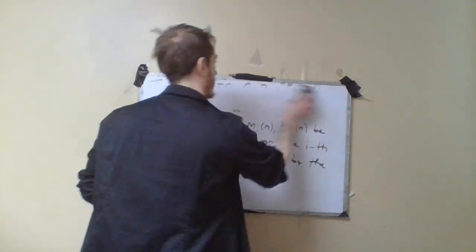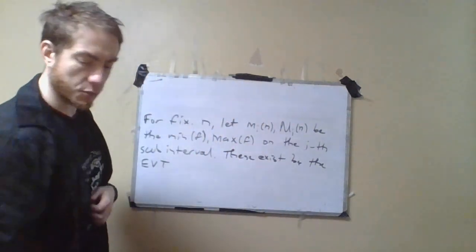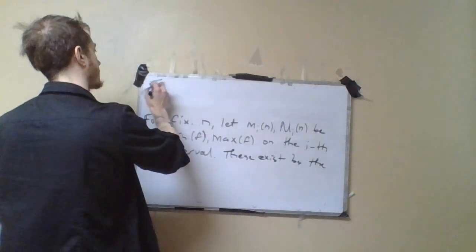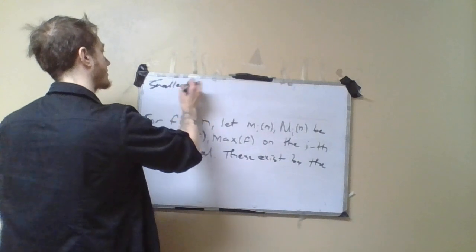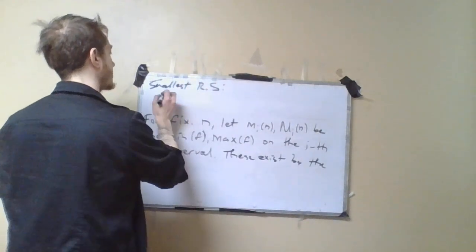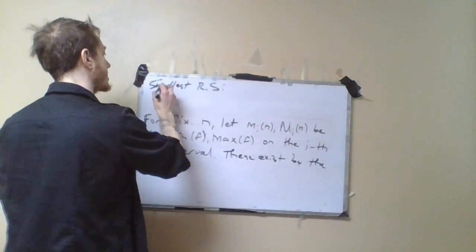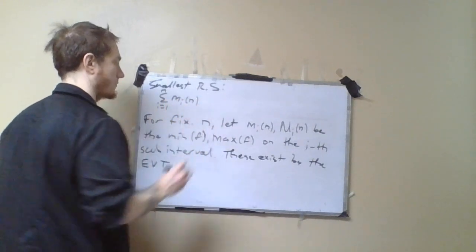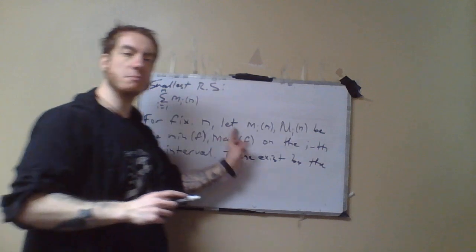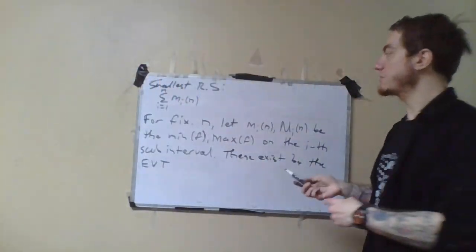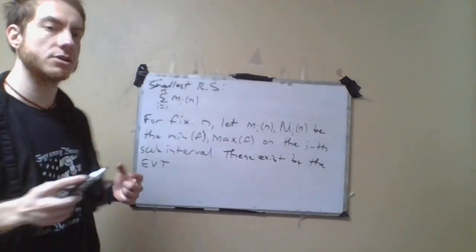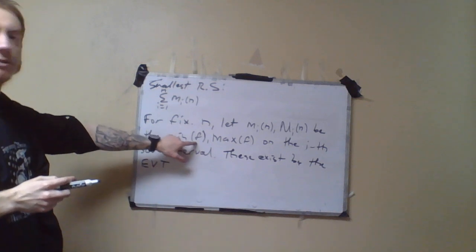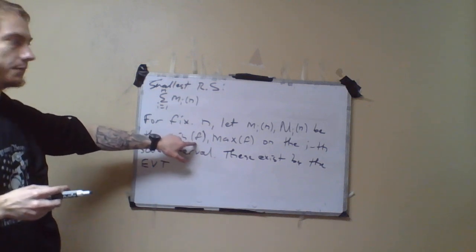Now, the smallest Riemann sum is going to be the sum from i equals 1 up to n of m_i of n. Why? Because the smallest possible Riemann sum comes from choosing my x_i stars to minimize f.